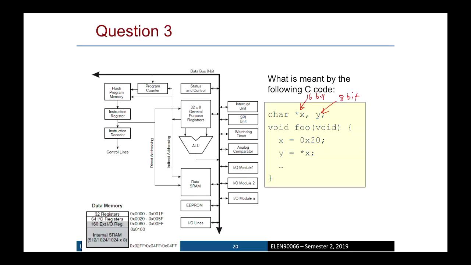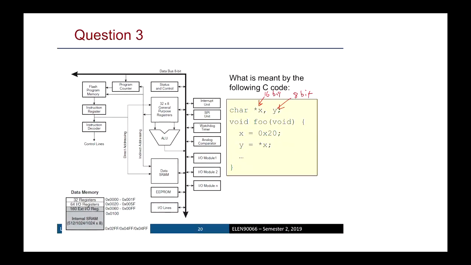If we are assigning 0x20 to x, that is now a memory location. We're going to dereference that memory location and assign it to y. Once again, these are statically allocated by a compiler, which means they live in SRAM somewhere, in some fixed locations.